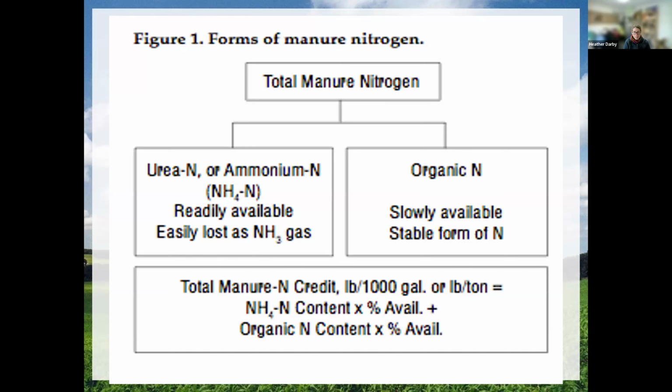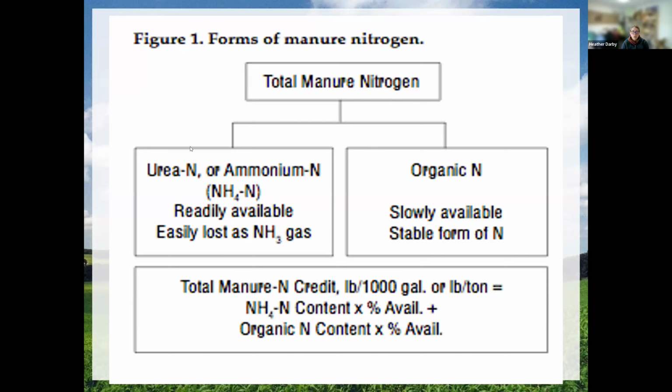When we are calculating how much nitrogen will be available to your crop from the manure that you're adding, we will estimate how much we think we're going to get from the ammonium N, okay, based on if it's incorporated, if it's on the surface, is it applied in the spring, is it applied in the fall, okay? And then we're going to add that to how much we think we're going to get from organic nitrogen.